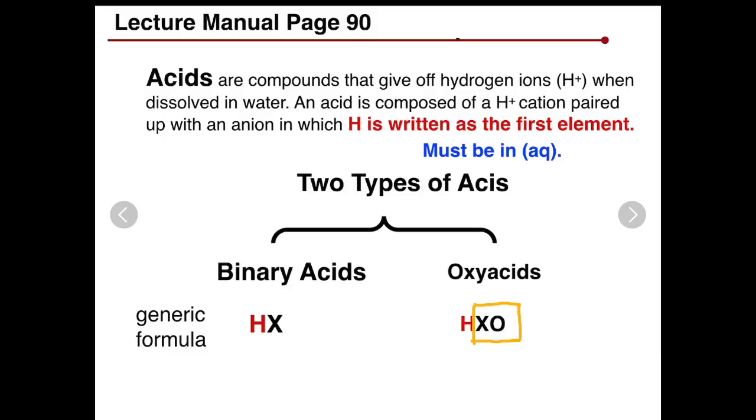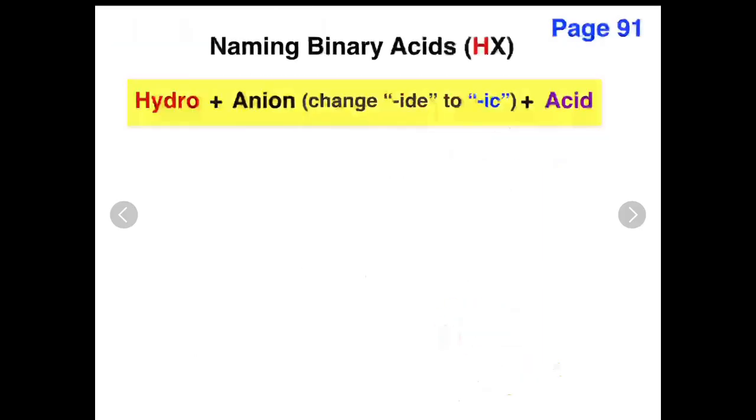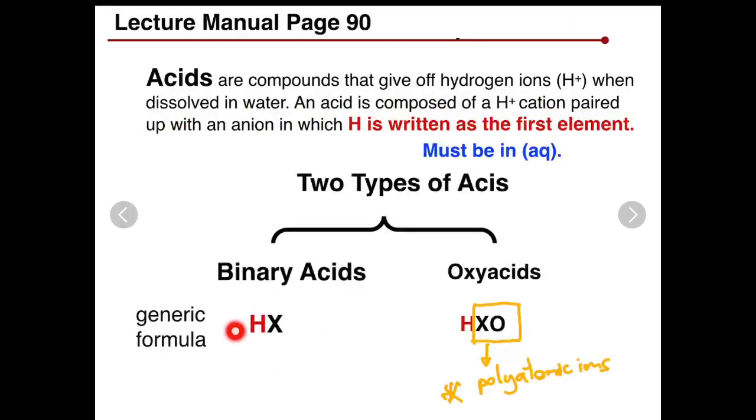Whenever you have a nonmetal and another nonmetal grouped together, this is what we call a polyatomic ion. So in this case, you need to be able to recognize the polyatomic ions that have hydrogen written first. That would be the type of oxy acid. Okay, so we're going to focus on the first kind first.